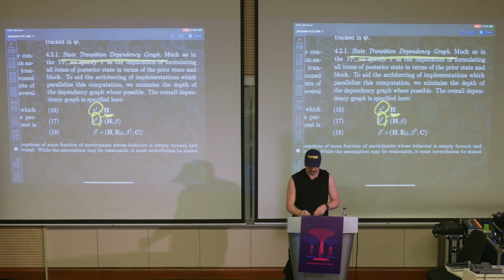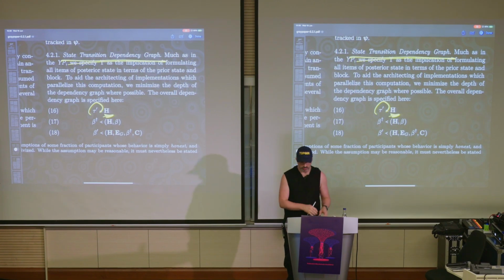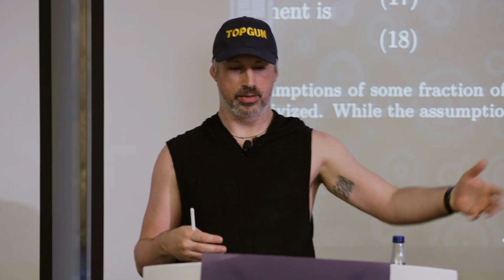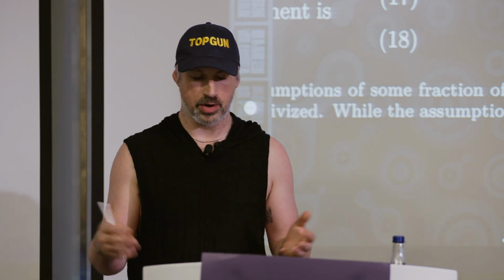So for example, recent blocks beta, we first named this intermediate state beta dagger, and we use the header and the prior beta to work out beta dagger, and then beta prime, the posterior beta.